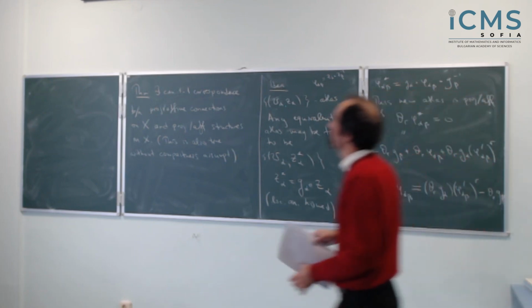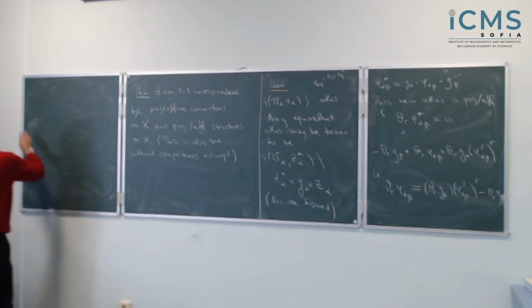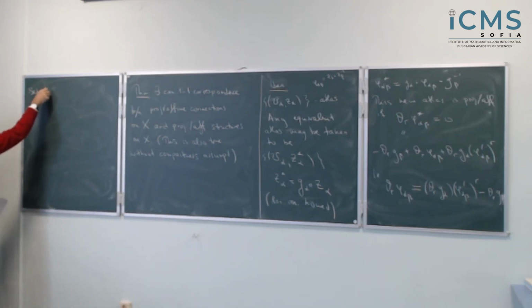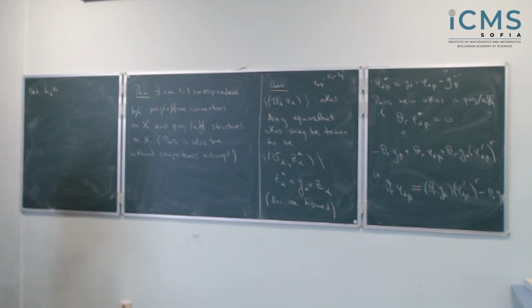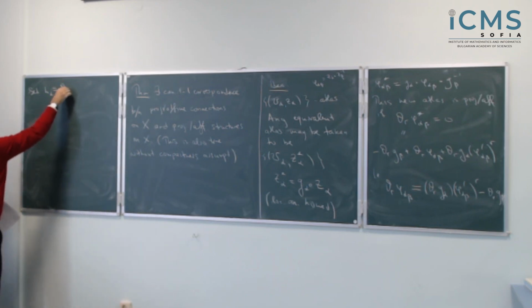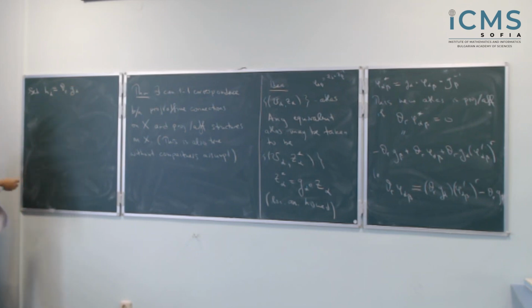So let's say, we're going to set H alpha to be, right, so we're getting essentially two equations as a relation here between the H's, the G's, and the P's.